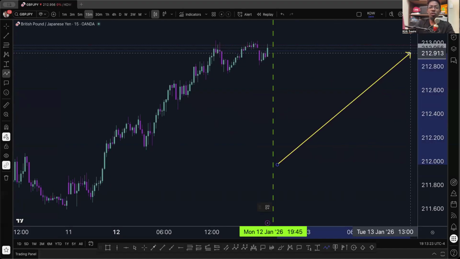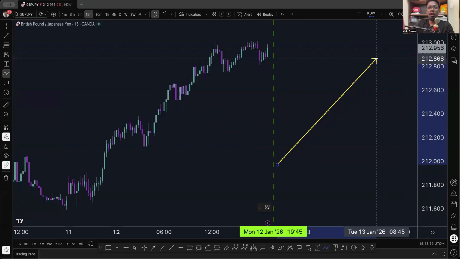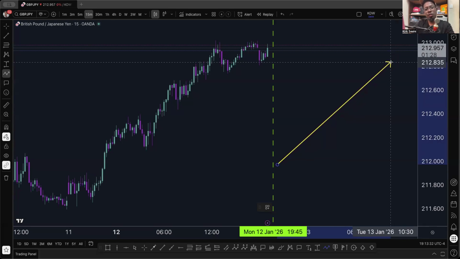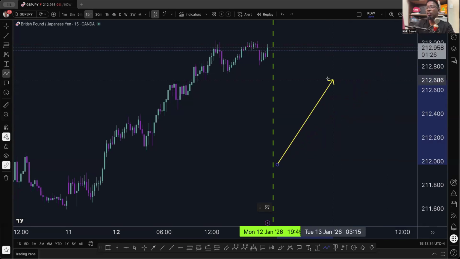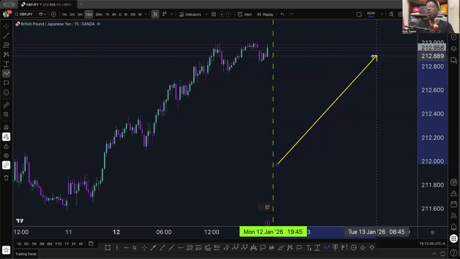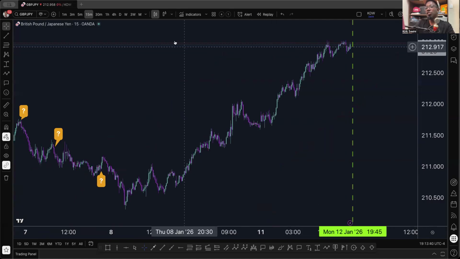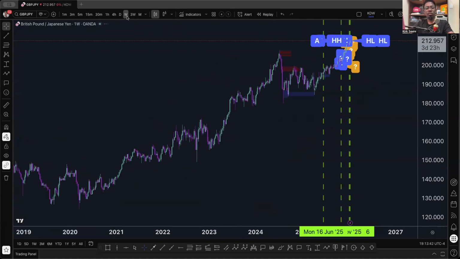If you went to Google and asked what the exchange rate of the pound to the Japanese yen is, you'd see 212, 211, maybe 213, anything like that. That's the current exchange rate, saying for 1 pound you're going to get that much yen. Now, what this chart is doing is showing us the fluctuation of price over time.